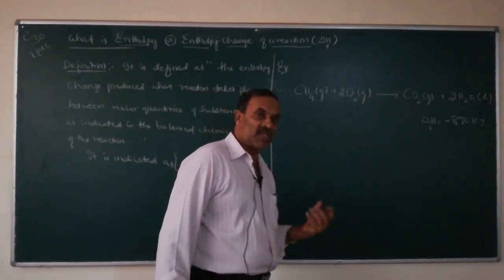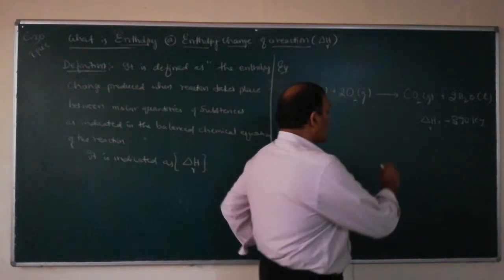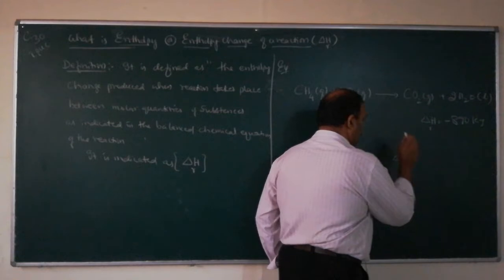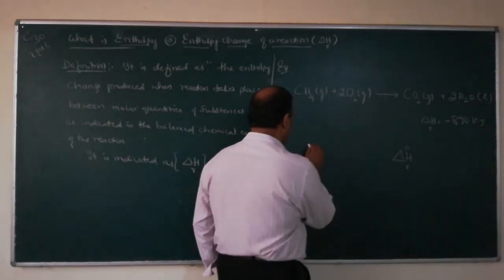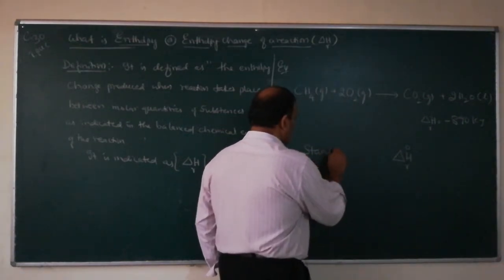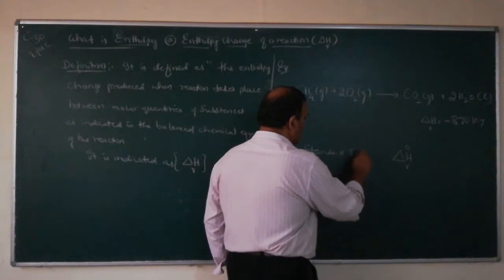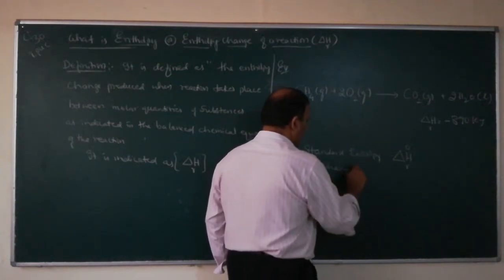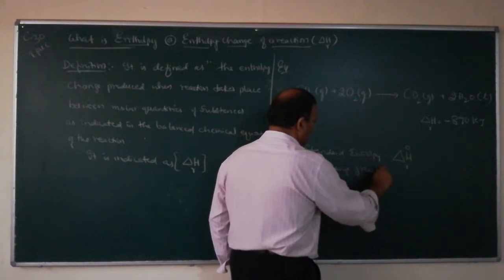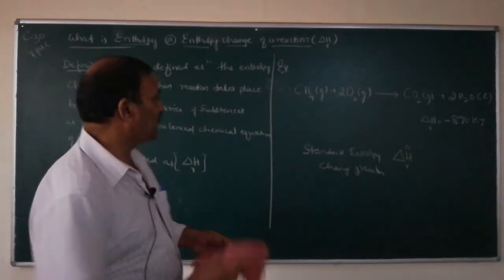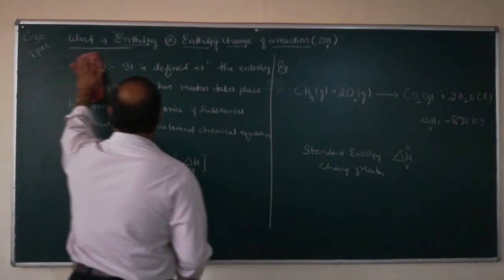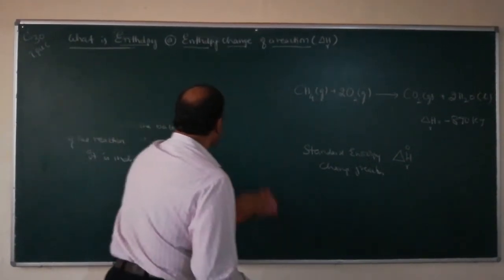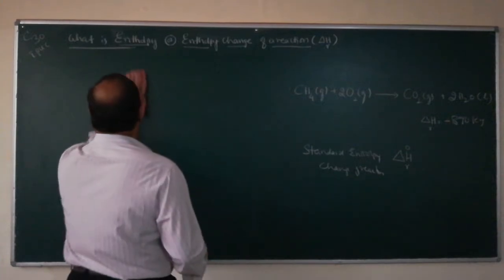Standard enthalpy change. It is denoted as delta H naught R. So it is called standard enthalpy change of reaction. So next we will study what is standard enthalpy change.